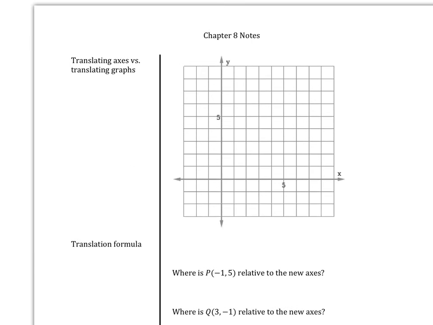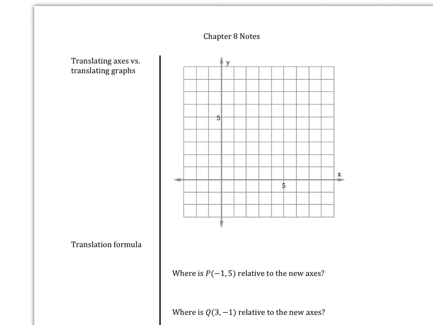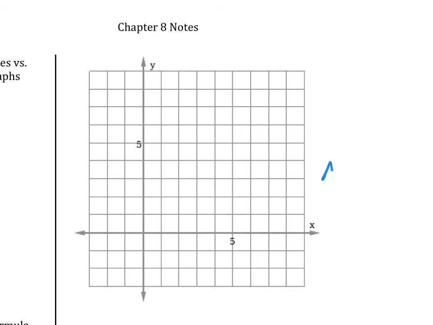Now, what we're going to do is learn how to translate axes, and this is actually quite simple. Let's say you have a random point somewhere, and let's call this point A. So A is 3, 5. So 3, 5 is here.